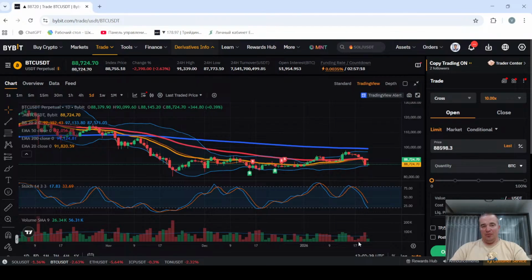I use three types of moving average. The blue one is EMA 200, the orange one is EMA 50, and the yellow one is EMA 20.